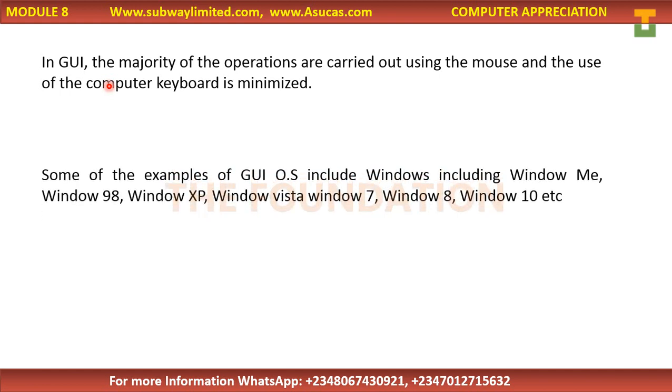An example of the menu driven operating system is the Windows that we are using, and we have different types of Windows. We have Windows ME. Most of these operating systems are no more in use. Windows XP and systems of nowadays cannot accept Windows ME. They can accept Windows 98, Windows XP, Windows Vista.